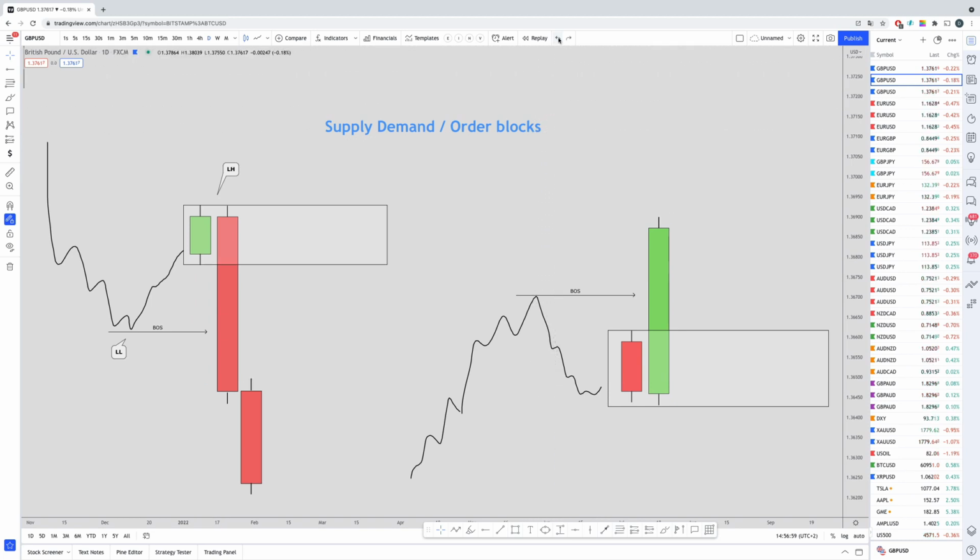This gap tells us that the sellers and buyers didn't have a fair chance to come together. So that means that the price dropped way too strongly to the downside, so that not everybody had the chance to jump on this trade.